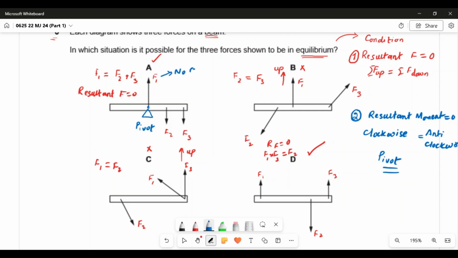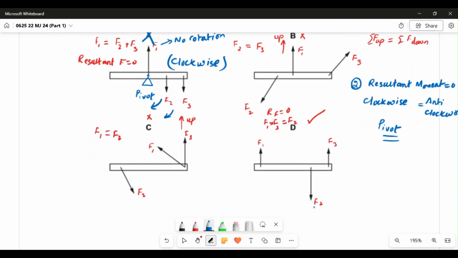So this force F1 will have no rotation, but F2 has a rotation that is clockwise, and F3 as well. So as a whole, this object has a clockwise rotation, so this is out of the chance.